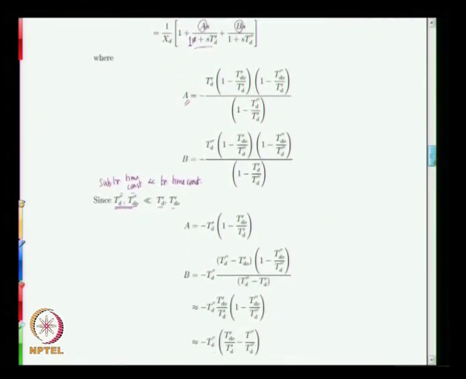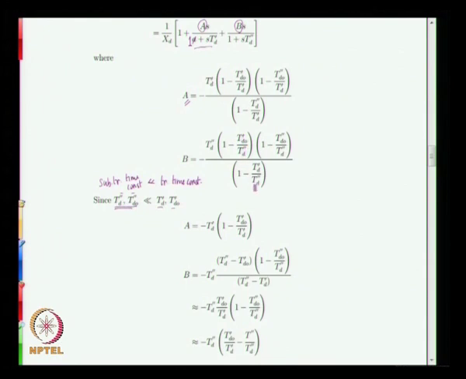Now as far as the expression for B is concerned, let us apply these simplifications. We can expand this term, so that the denominator becomes T double dash d minus T dash d divided by T double dash d, and T double dash d is much smaller than T dash d, and therefore what you get here is T double dash d minus T dash d, and here also one can write it as T double dash dO minus T double dash d.